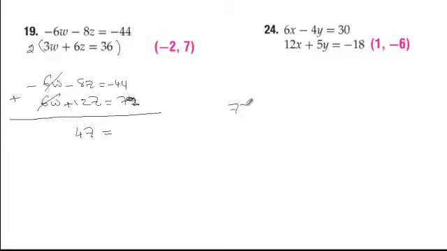Let's say 72 minus 44, you get 28. Because it is plus 72 and this is minus 44, and 72 is bigger than 44 in absolute value, it has the plus sign. So the bigger number is positive. Okay, so divide by 4, divide by 4, so you get z is equal to 7.